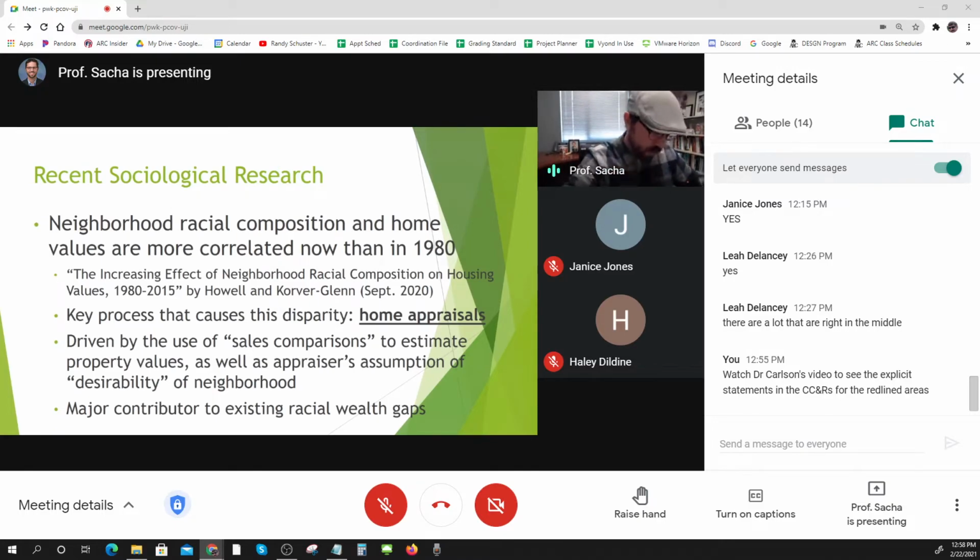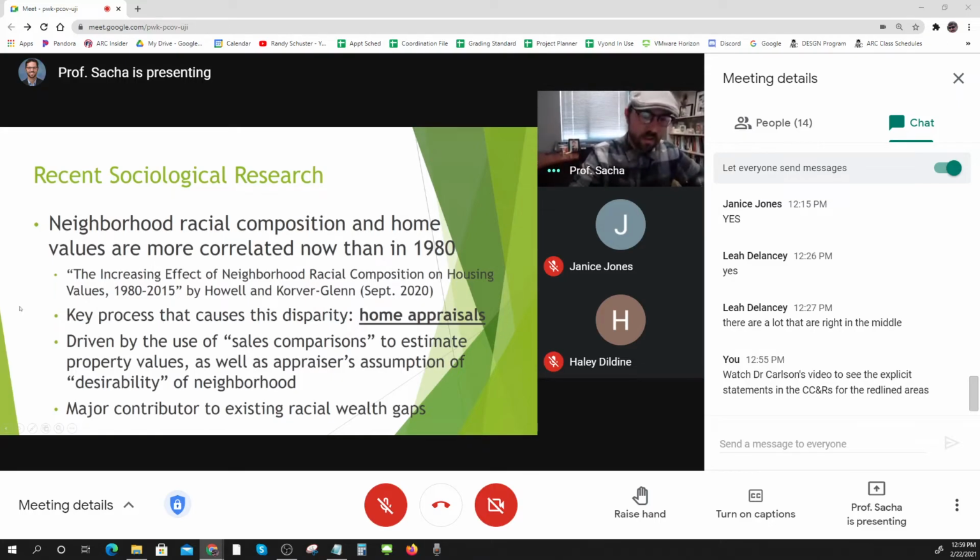There was an article that came out from two sociologists this past fall that, speaking to what Professor Schuster mentioned earlier, right, how we are living today with the effects of things like redlining and legally sponsored racial segregation. And they found, just looking at housing values objectively, right, how much your home is valued, when they did their research, and this is in 2015 when they collected their data, but as academics do, it didn't get published until 5 years later.